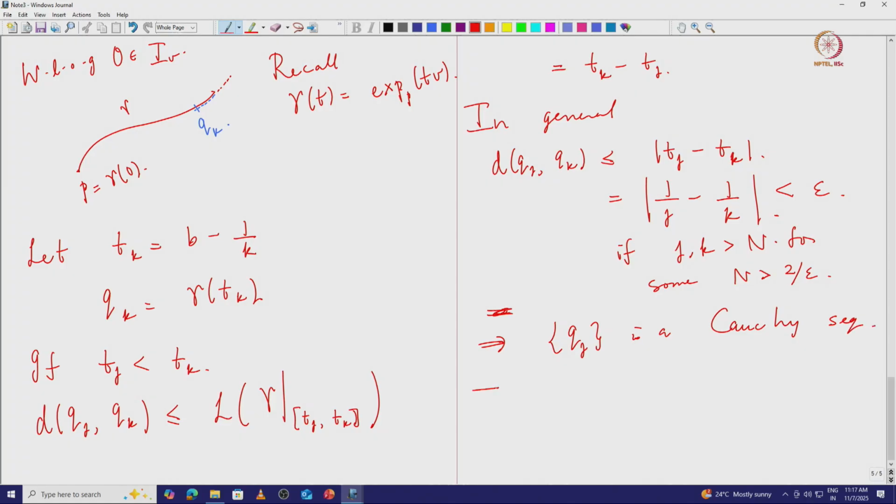So by metric completeness there exists a Q which is the limit of these Qj's or Qk's, right. Okay, so now let me draw a little, so all of these converge to some point Q here.